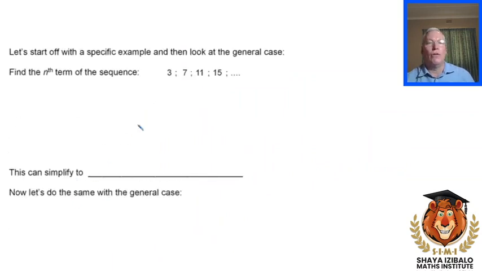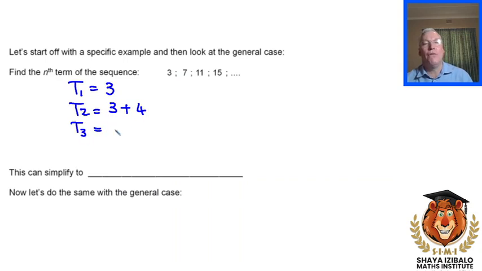Let's look at a specific one first. We've got a sequence 3, 7, 11, 15. If we look at T1, T1 is obviously just 3. How do we get to T2? We take 3 and we add 4. How do we get to T3?